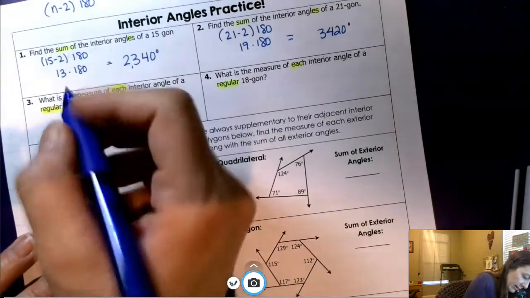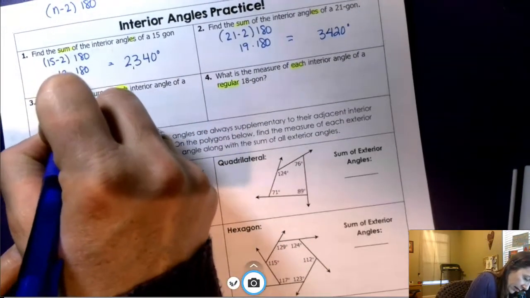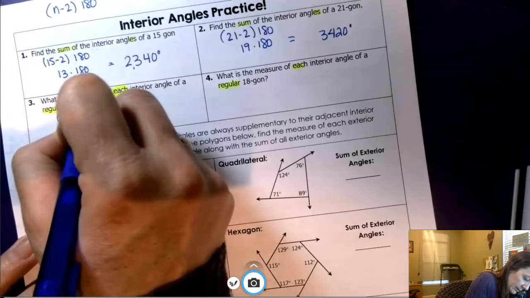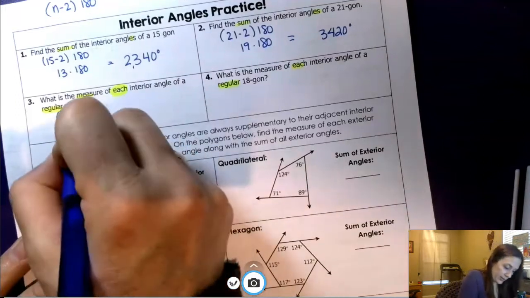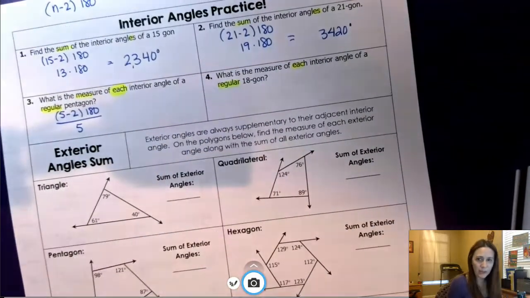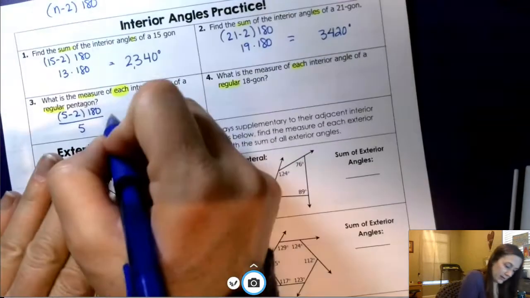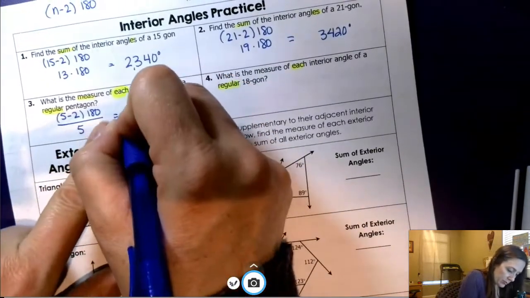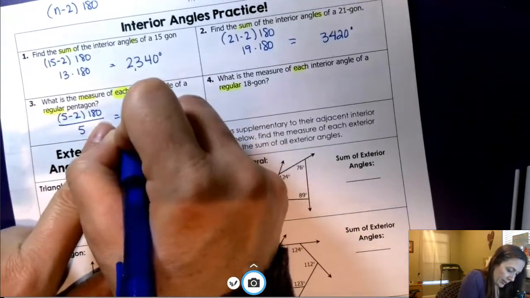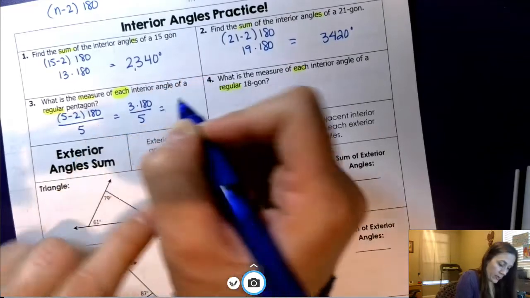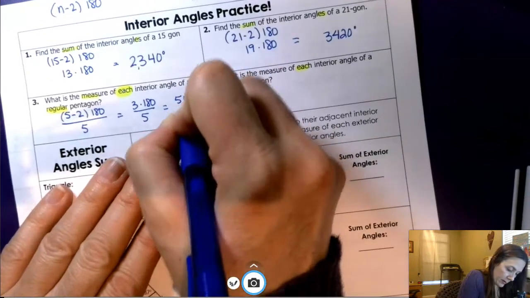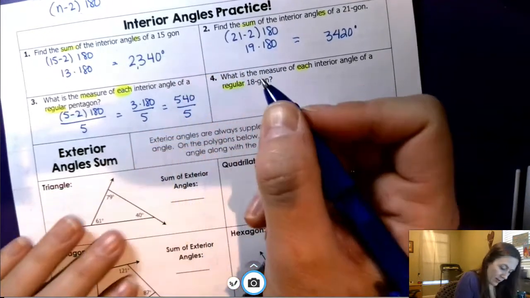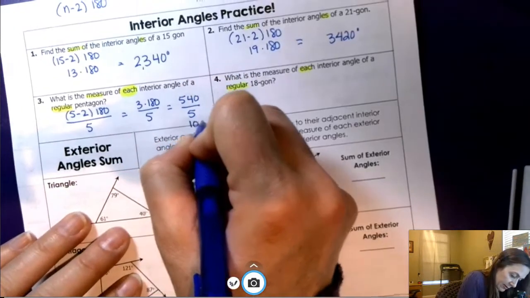So a pentagon again, 5 minus 2 times 180. Then I'm going to divide it by the number of sides, which in this case is 5. We already did this on the last page, but again, 5 minus 2 is 3 times 180 divided by 5. 3 times 180, I get 540. Divided by 5, and I end up with 108 degrees.